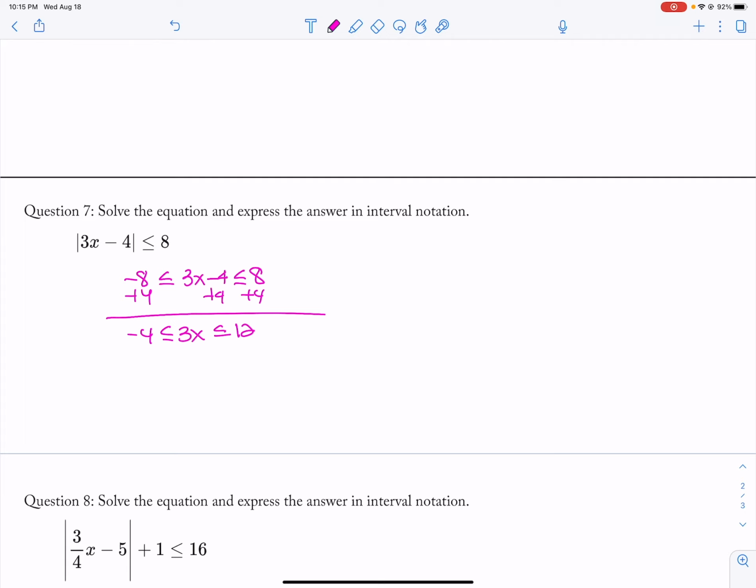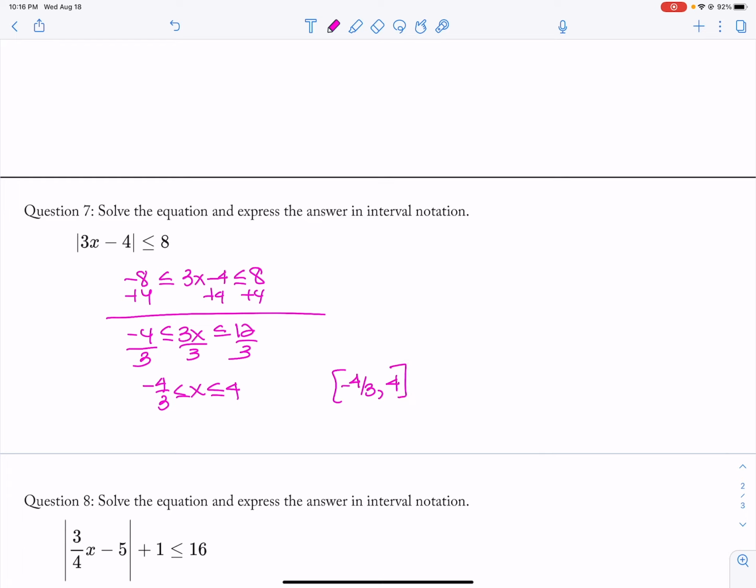And then what you're going to do is divide everybody by 3. Oops, not negative 3. So then you get negative 4/3 is less than or equal to x, which is less than or equal to 4. And so your interval notation is closed bracket at negative 4/3, and then closed bracket at 4.